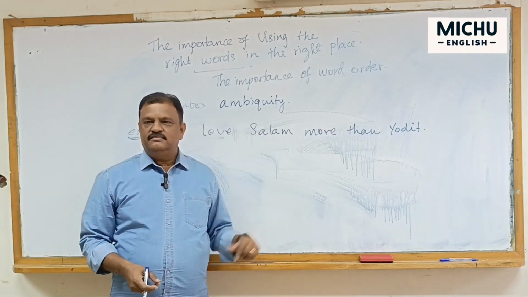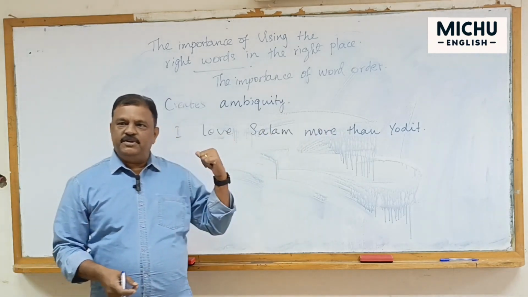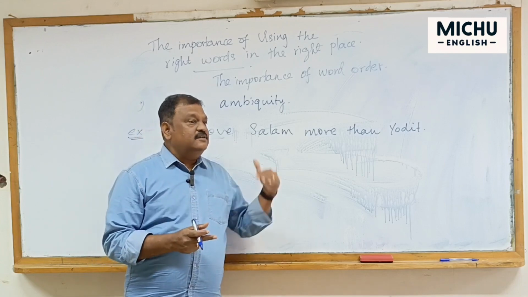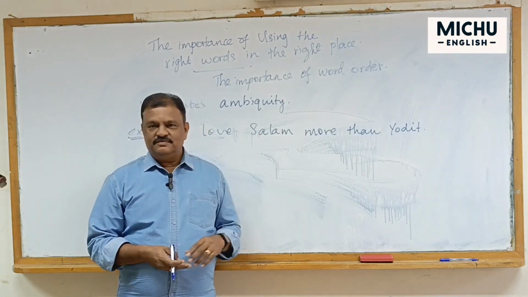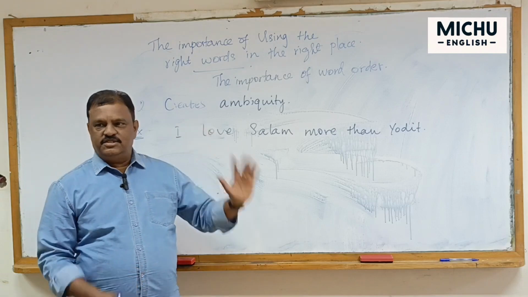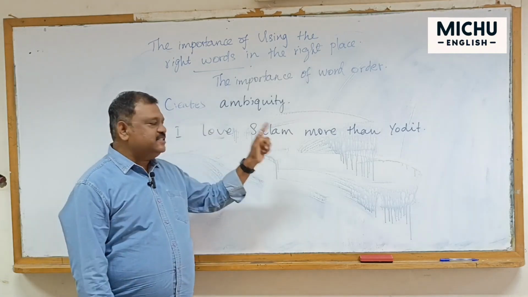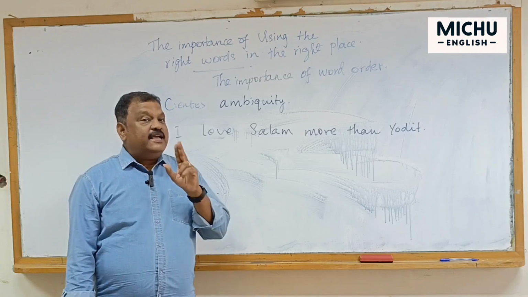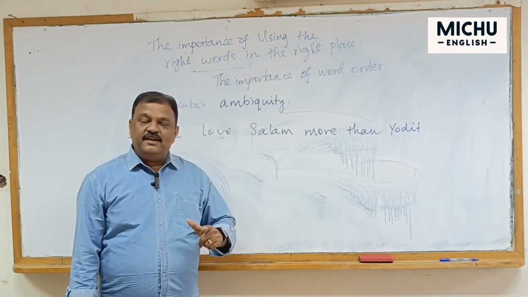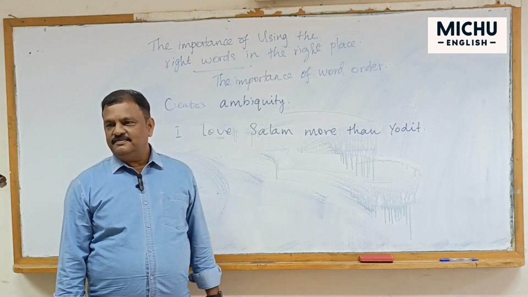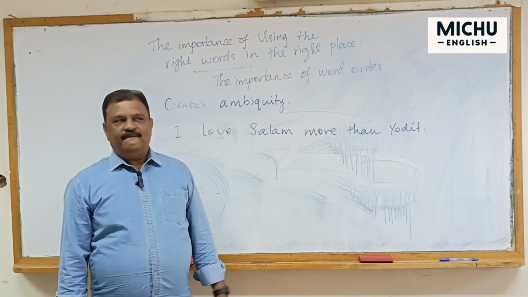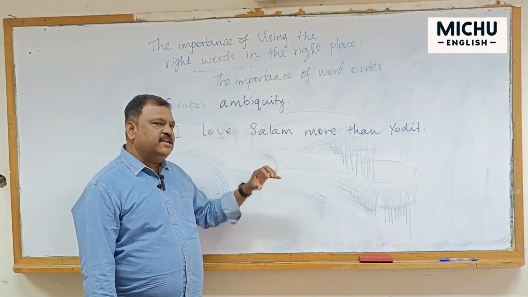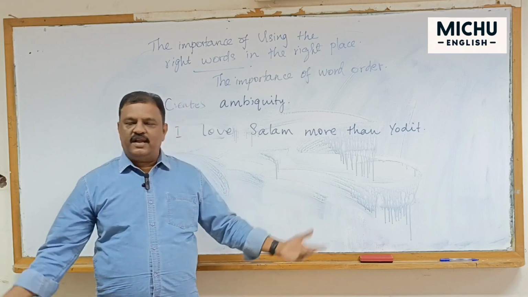Salam and Yodit and me, we are three people in this sentence. I love Salam more than Yodit. Just one single sentence. In this sentence, people can read it and understand in two different ways. There is no direct meaning. Actually, the meaning will confuse the reader to whom we are writing.